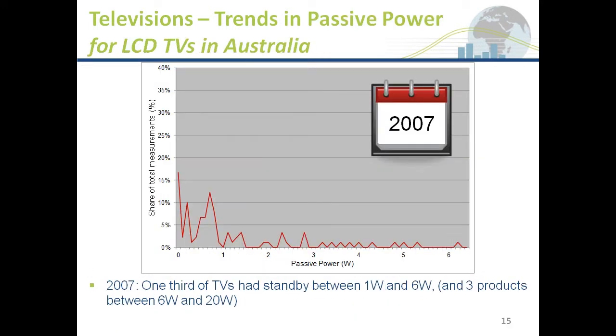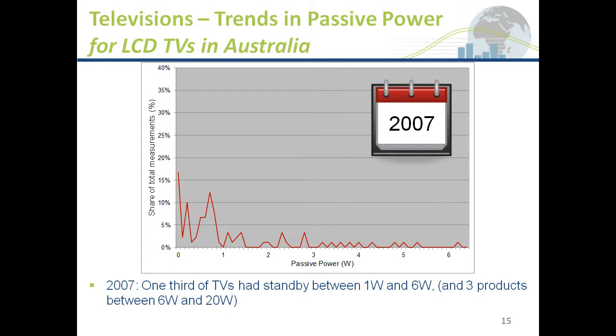So this graph shows, on the left-hand vertical axis, the share of total measurements accounted for, and the horizontal axis is the passive power level. So what this is saying is that whilst there are more televisions on the market with between 0 and 1 watt, there is quite a significant number of products with much higher than 1 watt standby power.